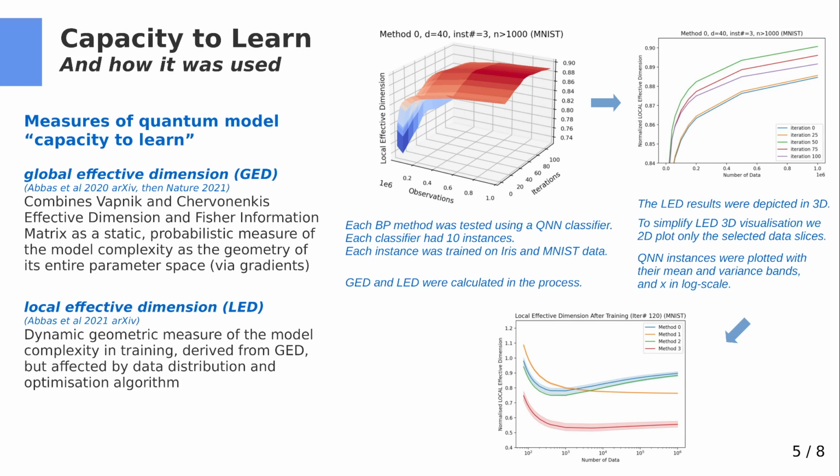Since it's difficult to deal with 3-dimensional plots, we take some slices through the iterations, and because we have very small data and very large data, we use log scale on the x-axis. We gather the information from running all 10 instances for each classifier, so we could show the mean and the variance bands for each of those classifiers.